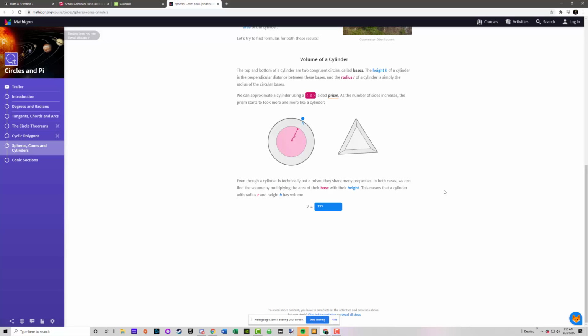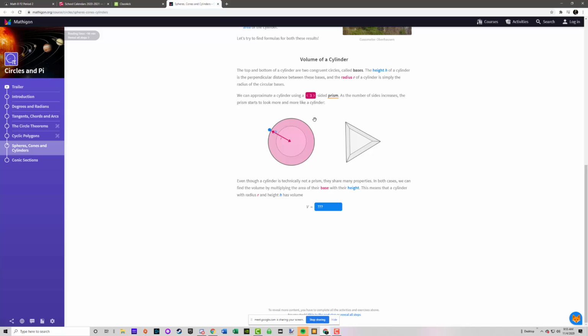Correct, we have 3. How many corners do we have, just at this top side right here? Yes, perfect. Now watch what happens.